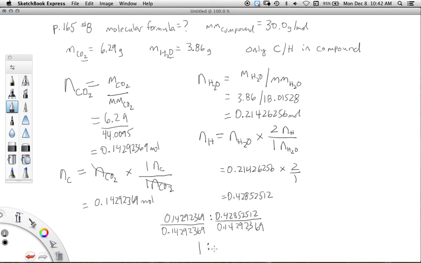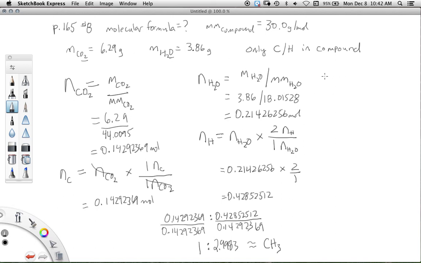What is that divided by 0.14292369? Yep, 3, 2.998 when I round. So therefore, it's 1 to 3. Okay, I'm running out of room.